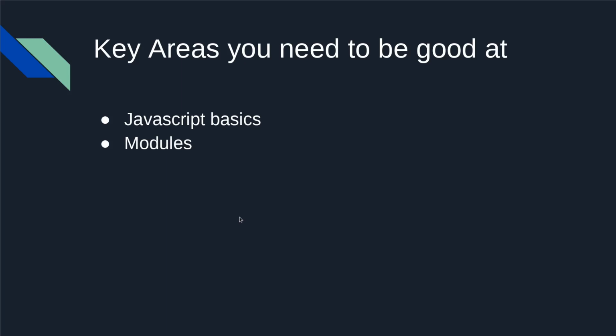So you need to understand how modules work, because if you're going to build something with React or something like Vue or Angular, you'll be using ES6 modules. So that's why you use imports rather than require.